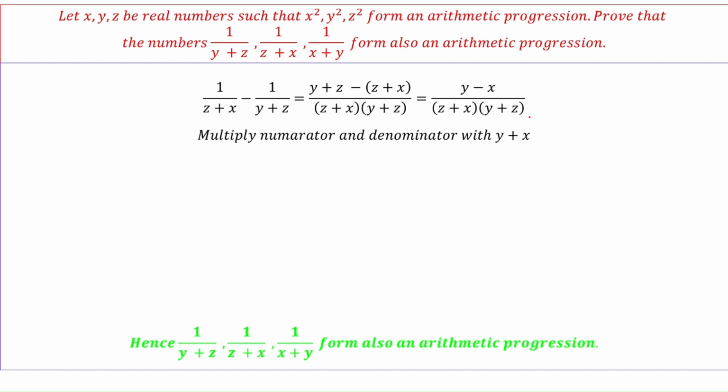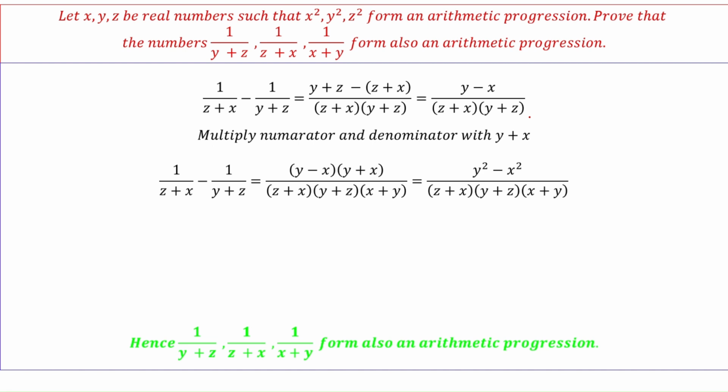That's what I am doing basically. So it will become (y²-x²)/((z+x)(y+z)(x+y)). This is cyclical, and all three terms are there basically. If you see these three numbers, the denominators are the product here, and the numerator is y²-x².